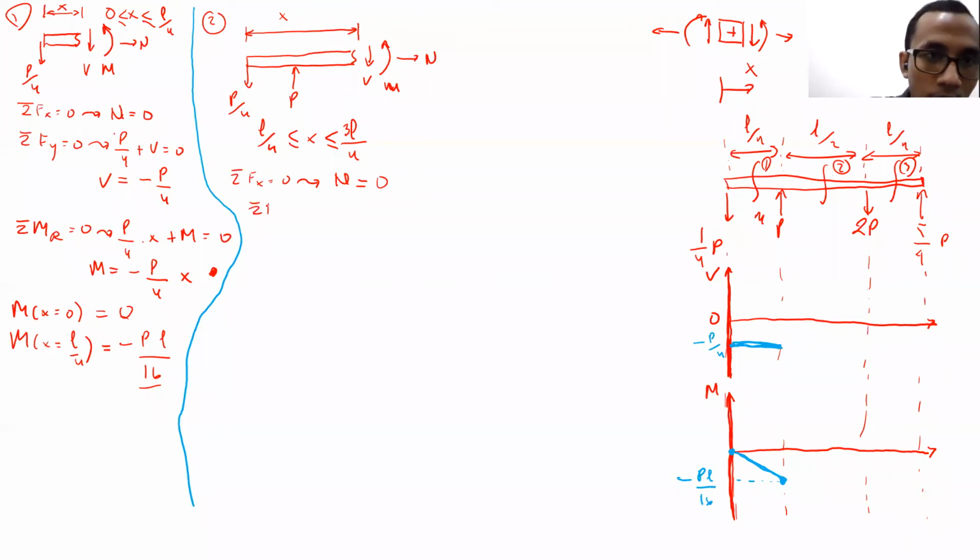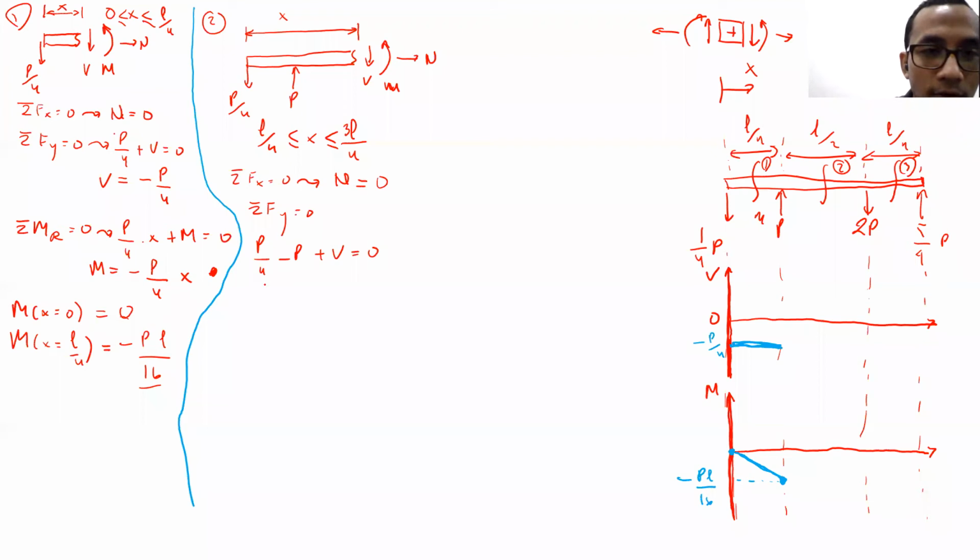Then using sigma Fy equal to 0, what will you get there? We can get the value of V. So P over 4 minus P plus V equal to 0.